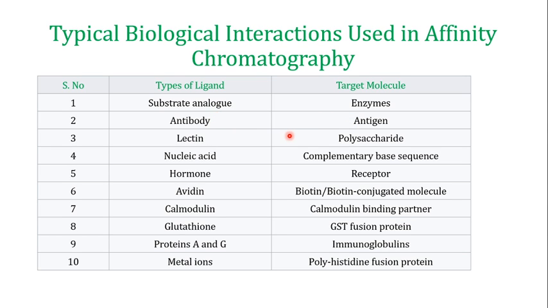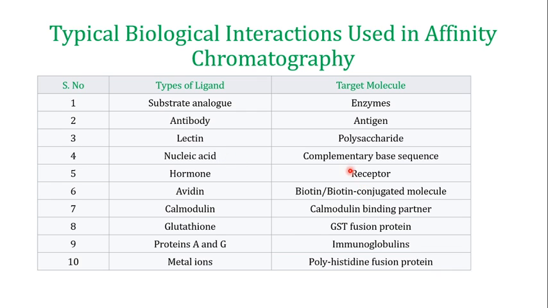If you are interested in those proteins which have a polysaccharide attached to them, which we call glycoproteins, then for the isolation of glycoproteins from non-glycoproteins, you can utilize lectins as a ligand. If you talk about the complementary base sequence, you can utilize nucleic acids.